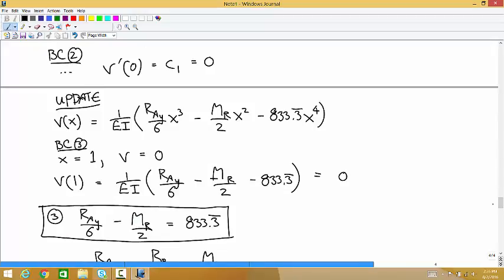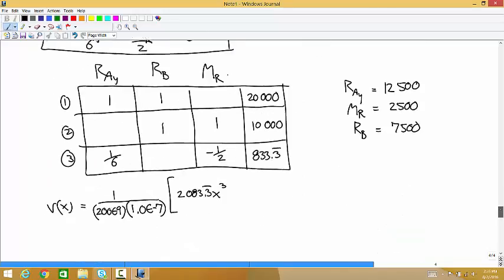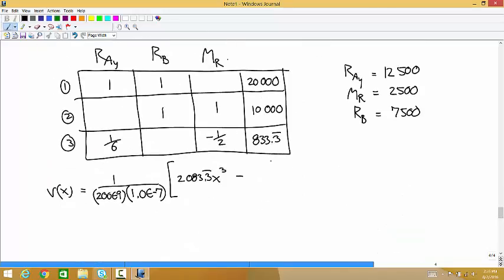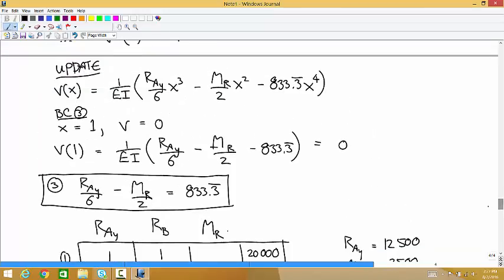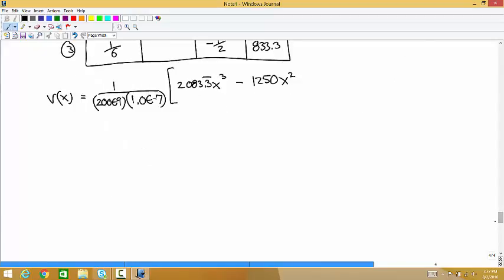And then M_R over 2 times x squared. That's 1250 x squared. Minus 833.3 x to the 4th. And that's it.